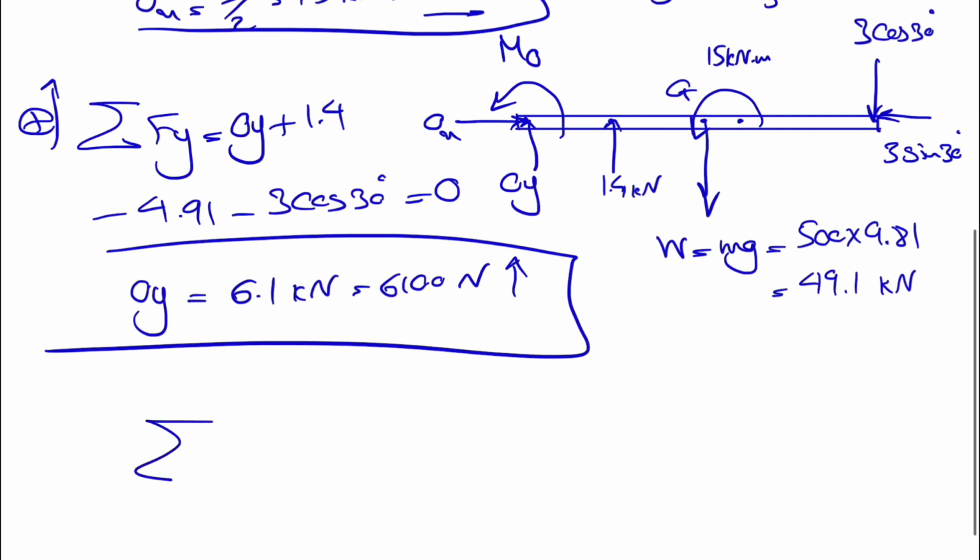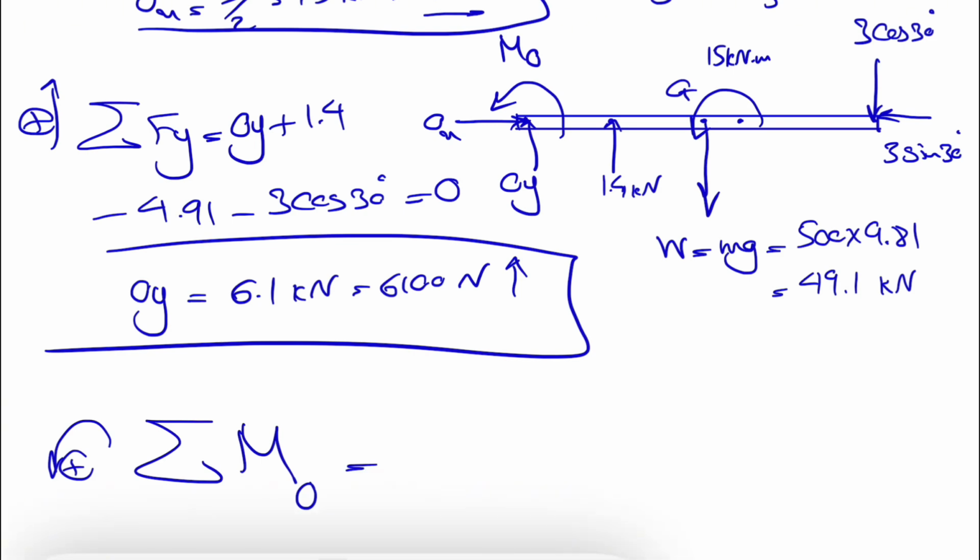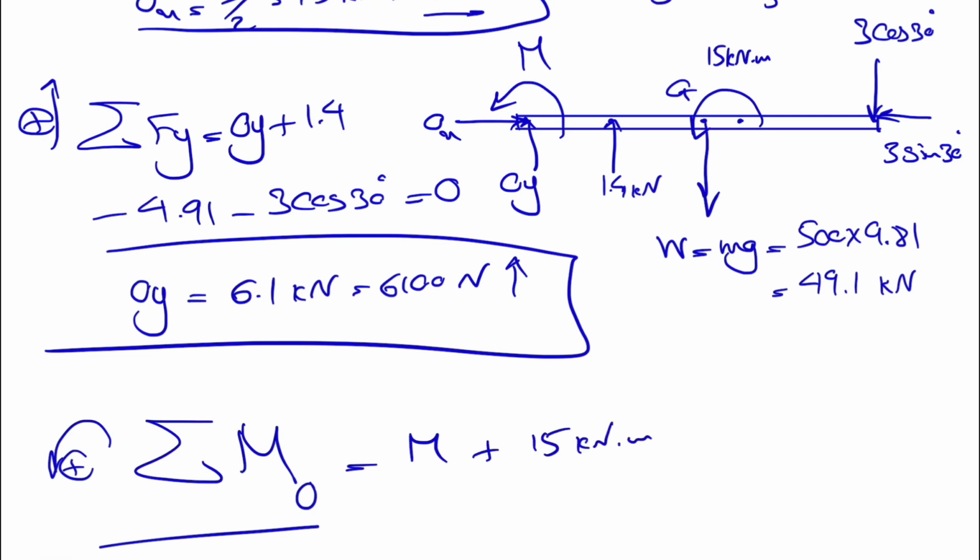If we find the moment about point O, counterclockwise positive, just to avoid confusion with our equation, let's call the unknown M. We have M as our unknown. We have the 15 kilonewton meter counterclockwise moment, positive.